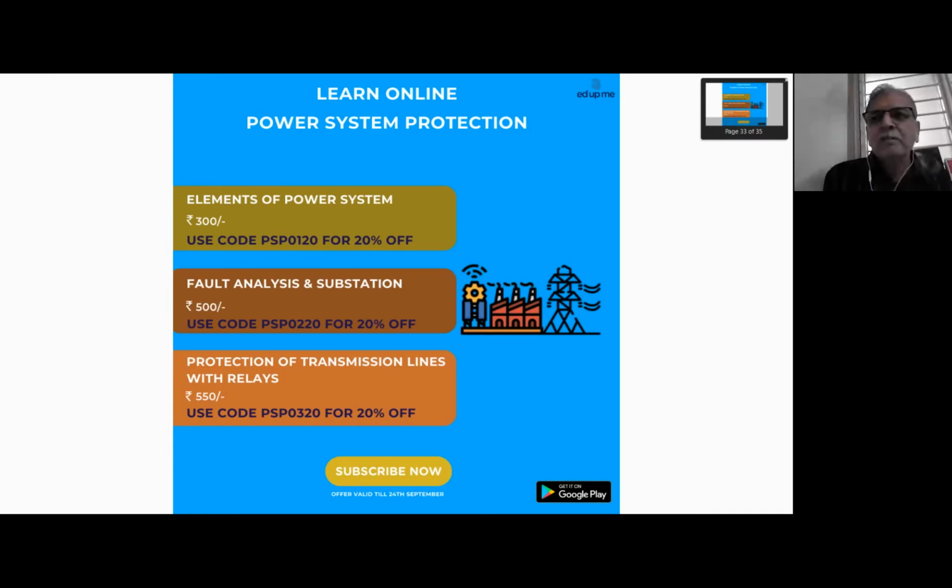The next question I'll try to read out: for a delta star transformer, what will be the EF backup at delta if star EF failed?